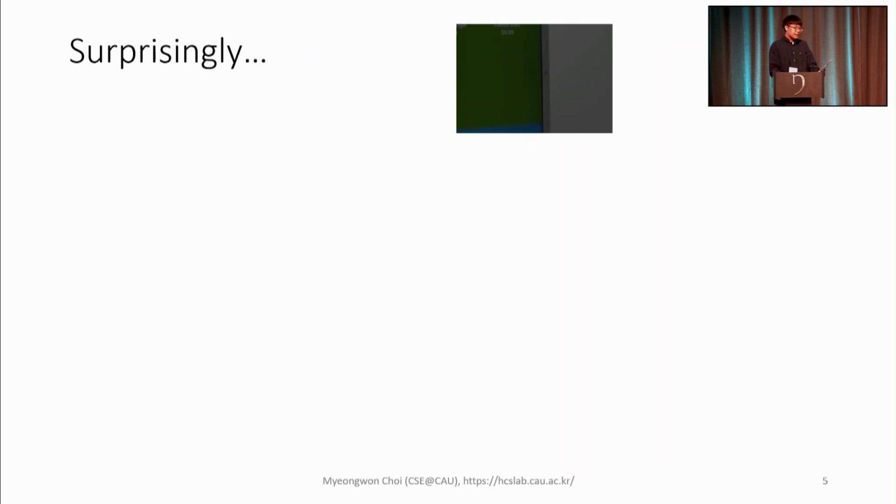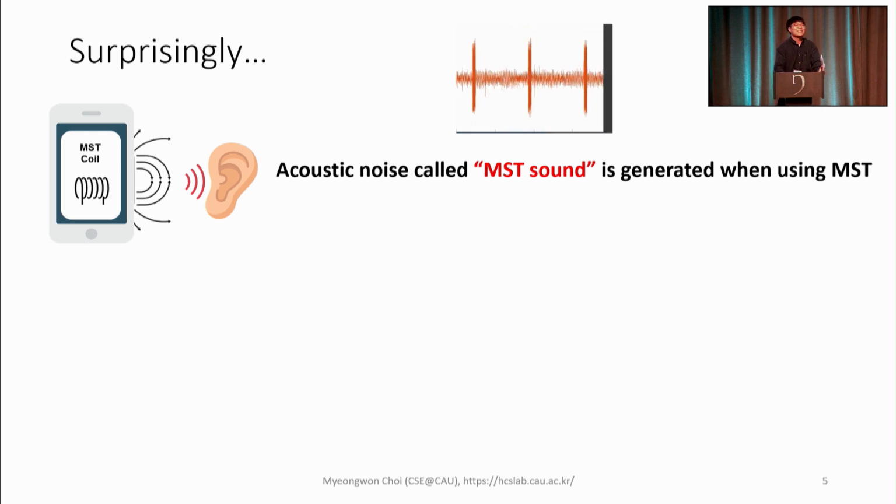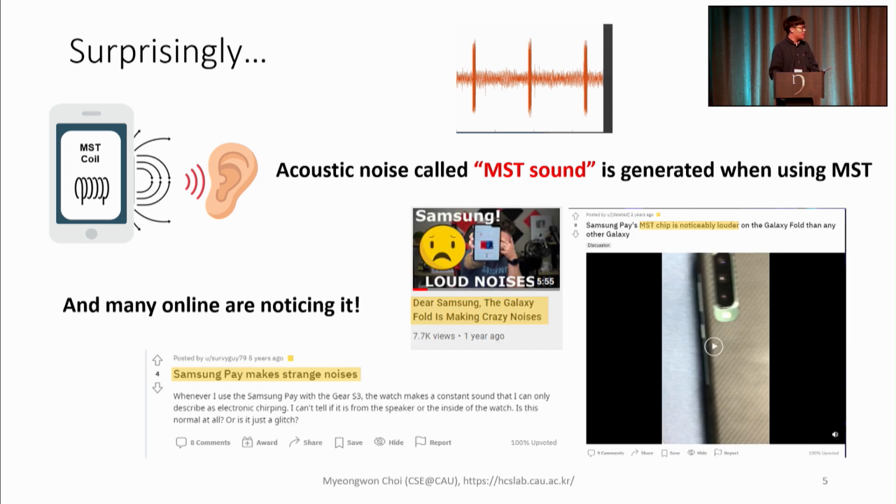The weird thing is the strange noise that you're listening to now, generated when the MST is activated. We call this the MST sound. This MST sound is already being noticed by several people online.